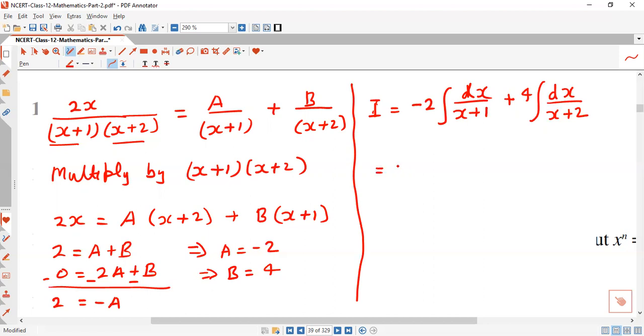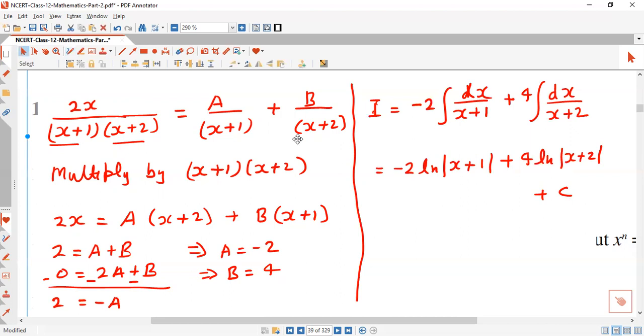Taking the integrations: minus 2 log of x plus 1 plus 4 times log of x plus 2 plus some constant c. This will be the answer of this question. Or you can combine these two log functions, but there's no need. Okay, fine. So now we will go to the next question, number 6.